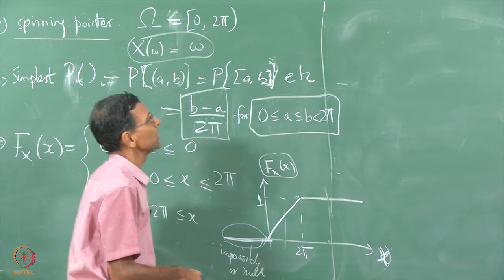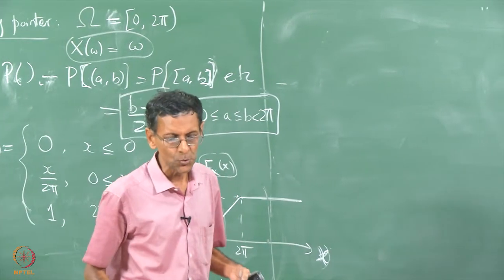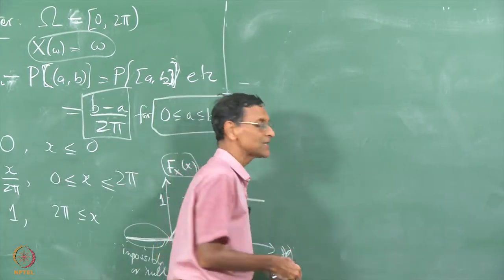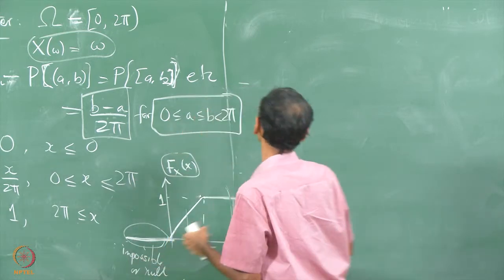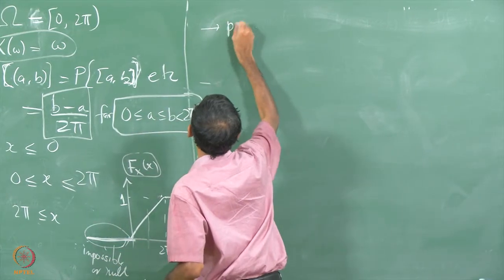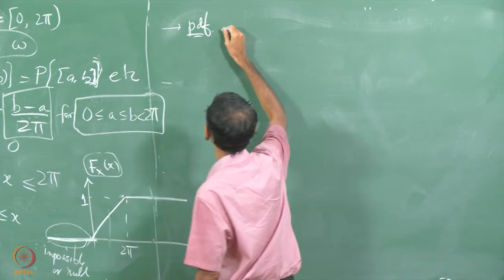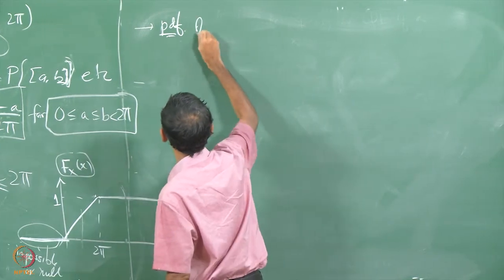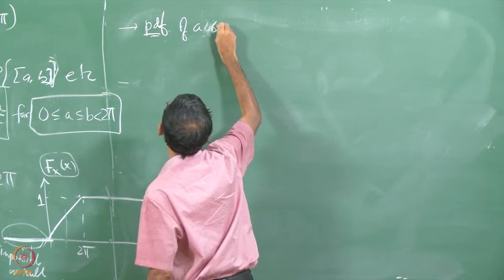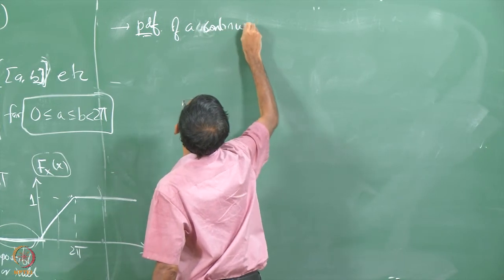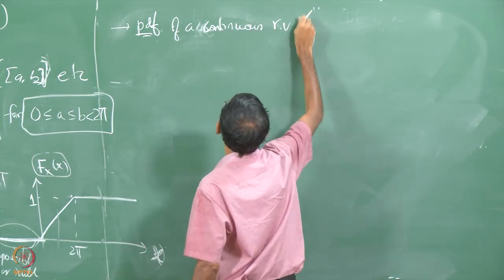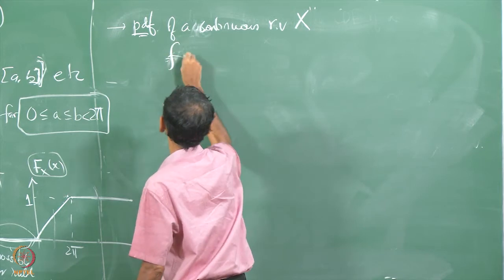So the last thing that we need to clarify is now the density, the PDF, of a continuous random variable. The PDF, the probability density function of a continuous random variable, is basically f_X(x).